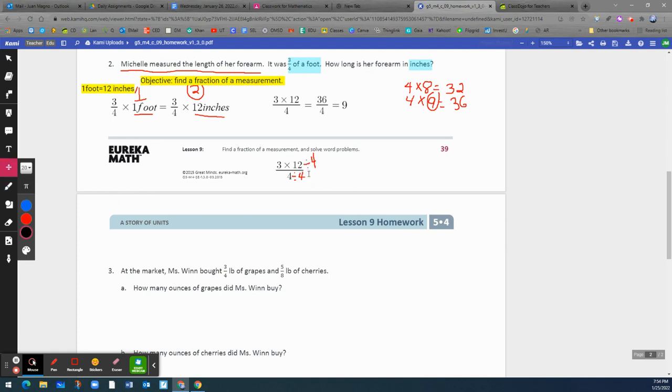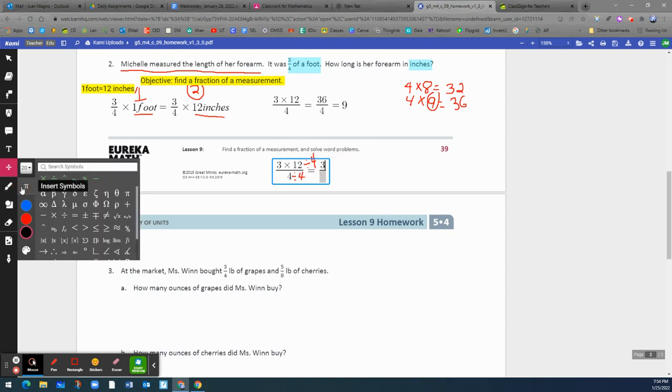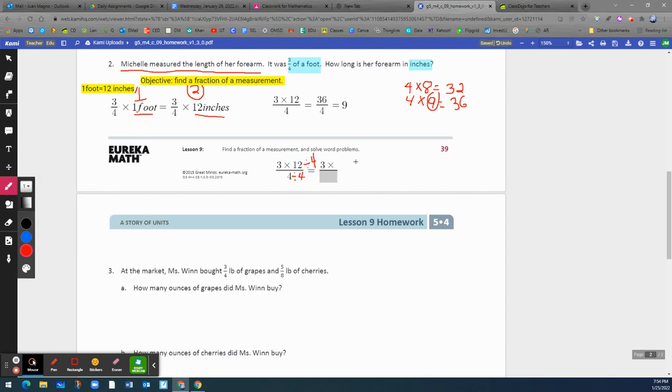Once you discover that, you're going to rewrite the next step of this expression. We're going to start with the 3, and we're just going to take care of the divisions that we have in front of us. So the 3 times... now we're going to look at this division.